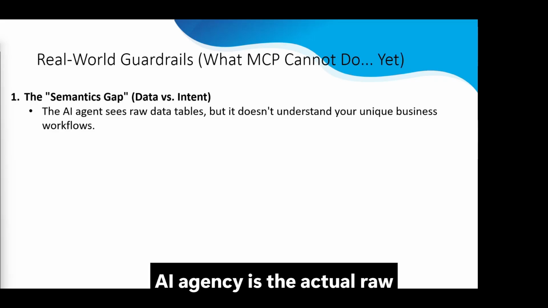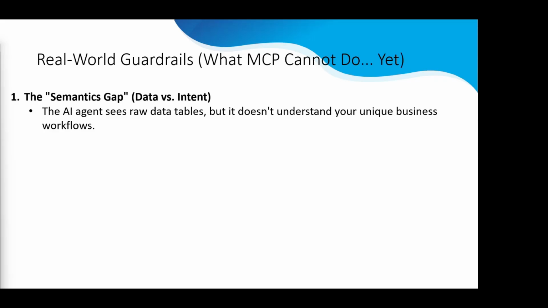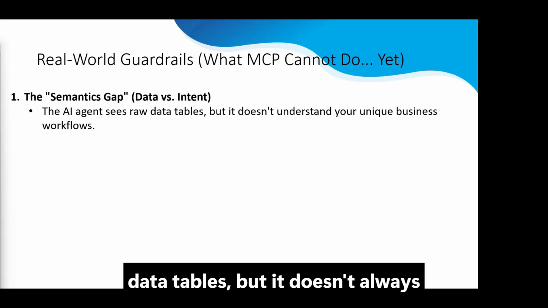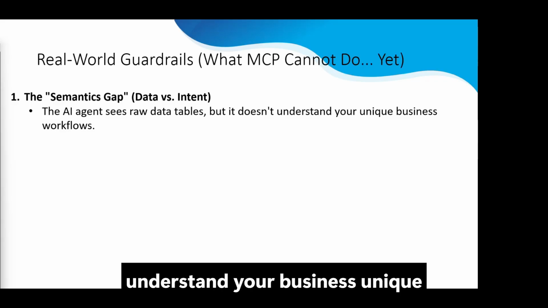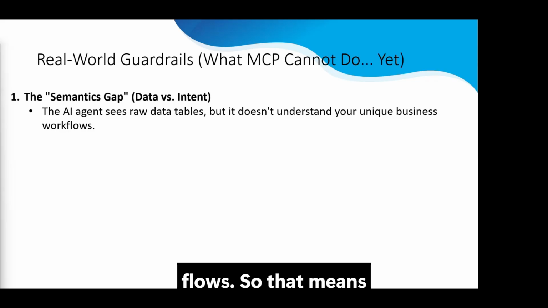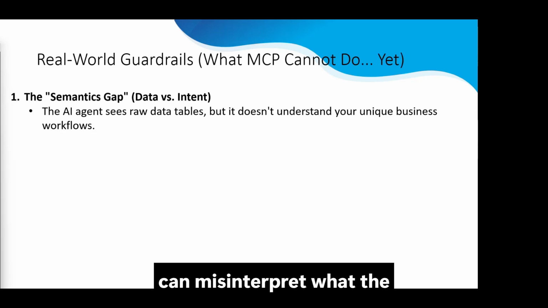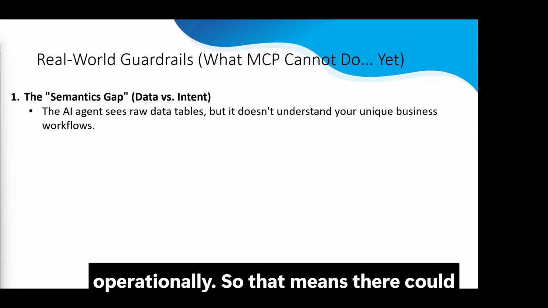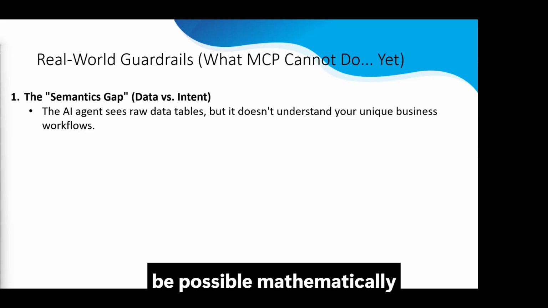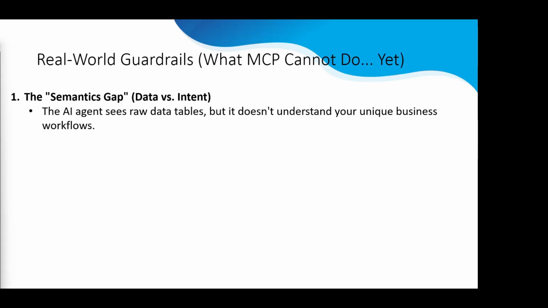The AI agent sees the actual raw data tables, but it doesn't always understand your business's unique flows. So that means that it's not always perfect, and it can misinterpret what the number actually represents operationally. So that means there could be possible mathematically correct but business-incorrect answers.